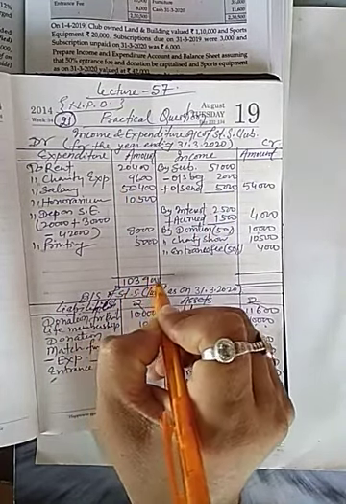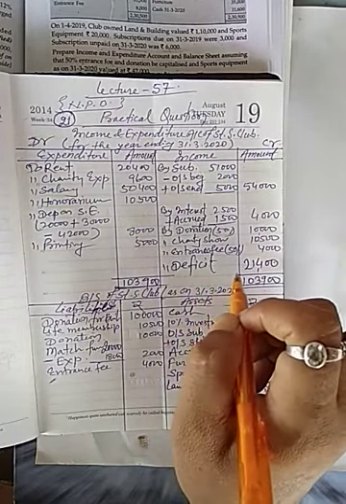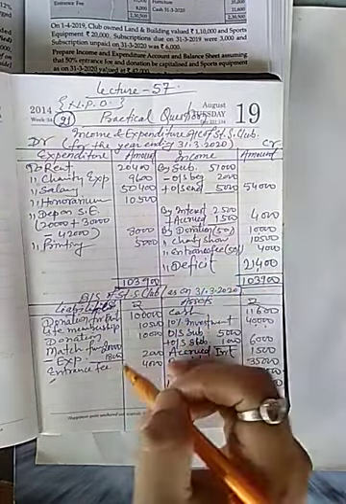So the deficit will be, when I deduct all the income from expenditure, it will remain 21,400. So now I will deduct the deficit from the capital fund.